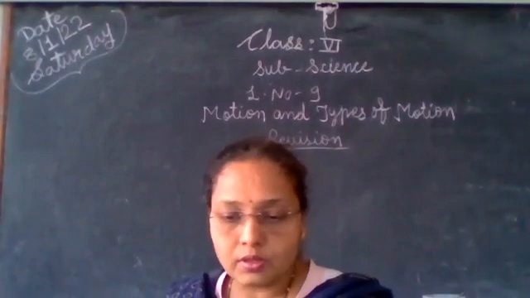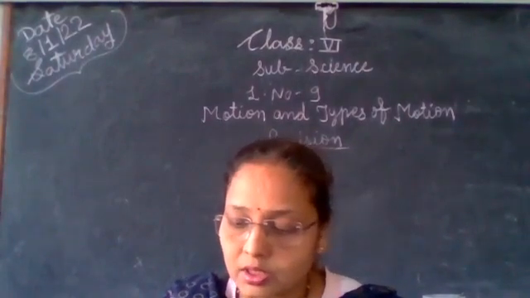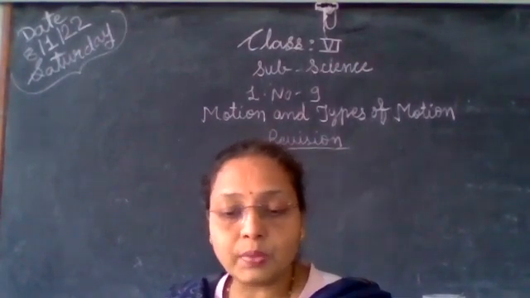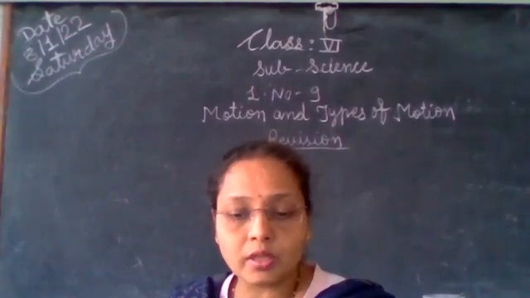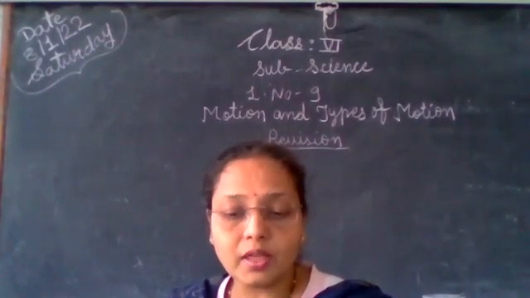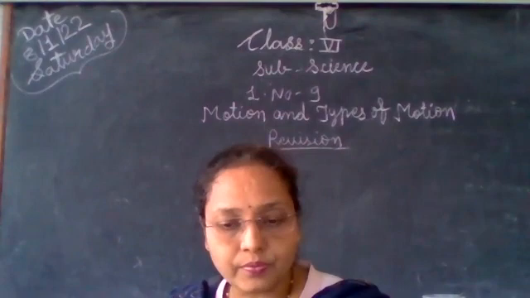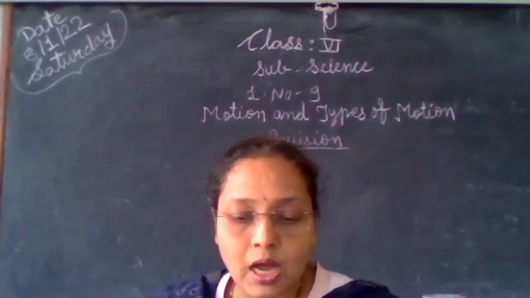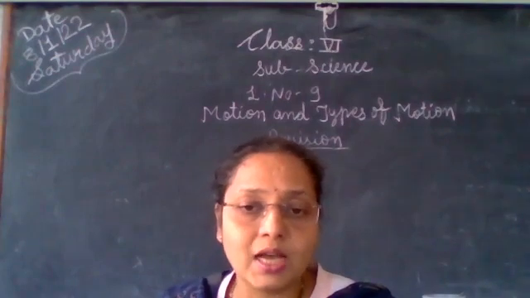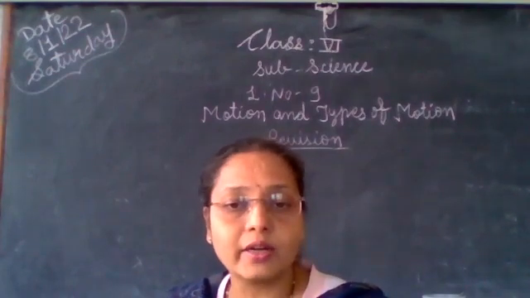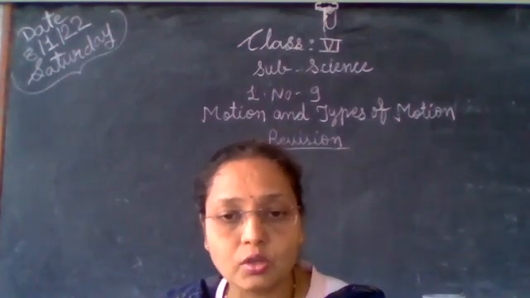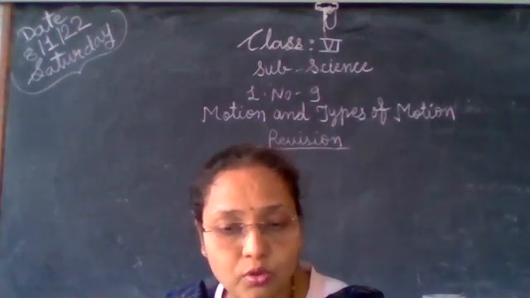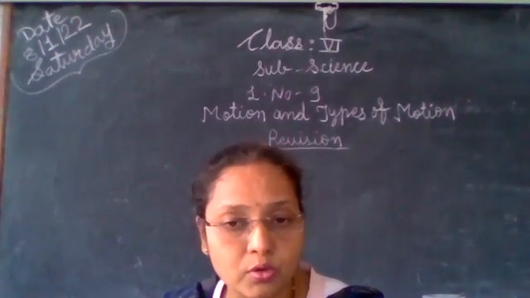Okay, children. Next is explain in your own words, giving one example each. This is question number 4. Sometimes in the exam they ask to write a short note on or write a definition of linear motion, oscillatory motion, circular motion, random motion and periodic motion.